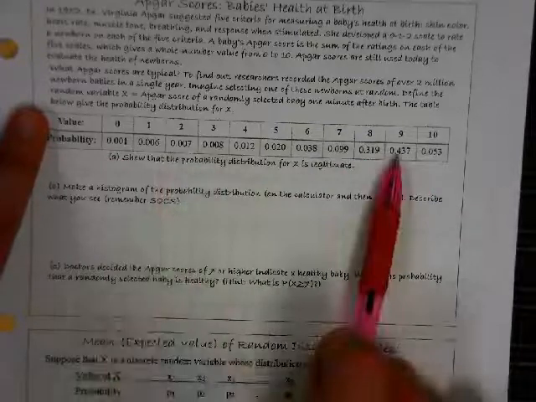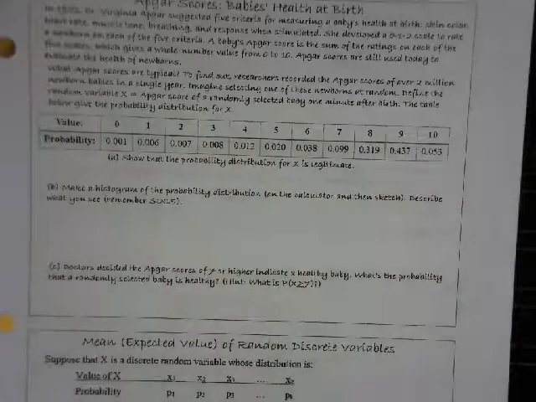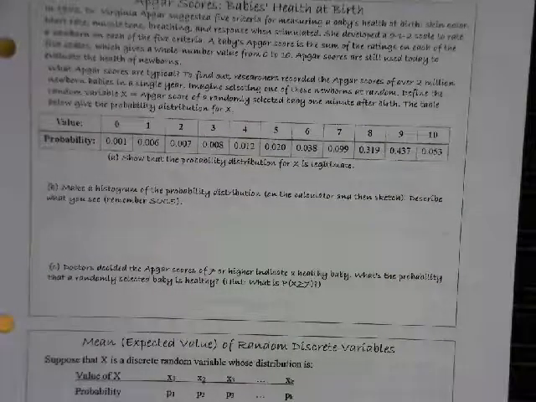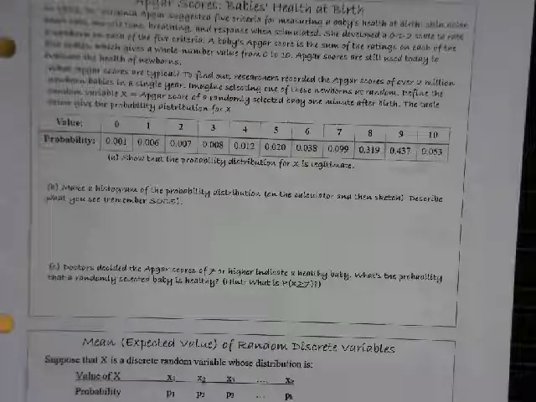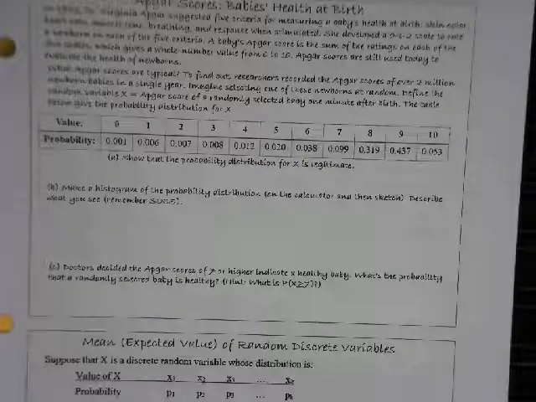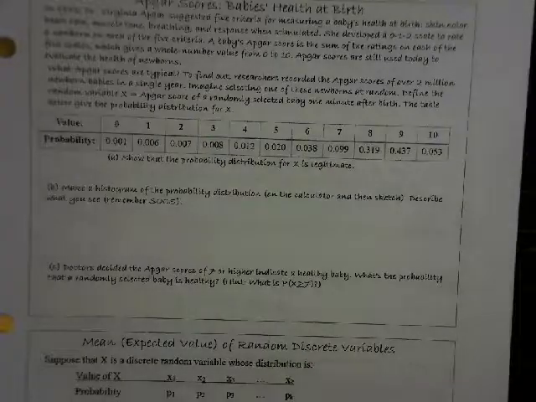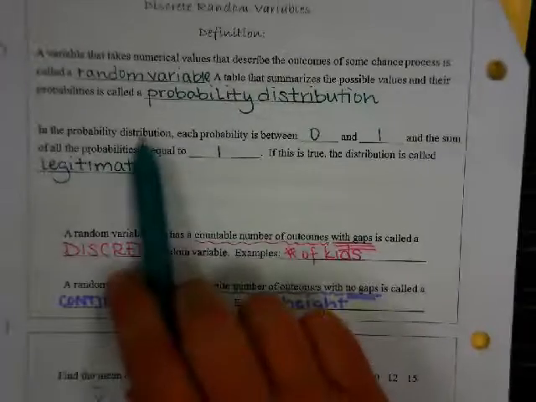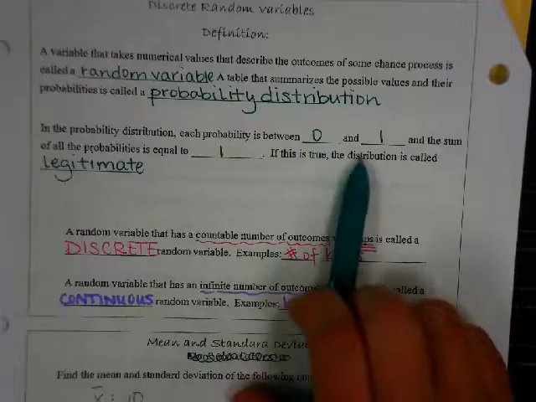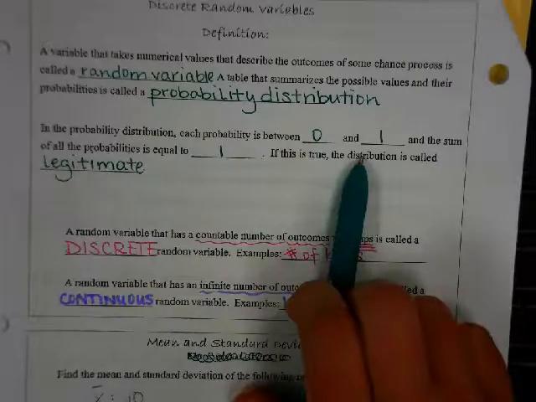So first thing we're going to do is show that the probability distribution for x is legitimate. There's 2 things that go into showing that a probability distribution is legitimate. The first one is that all probabilities live between 0 and 1. And then the other one is that when we take them and add them together, it equals 1.